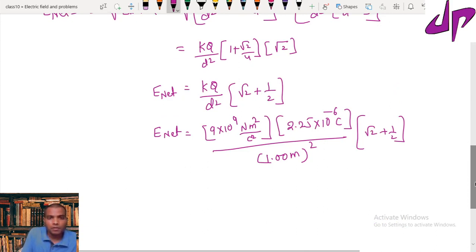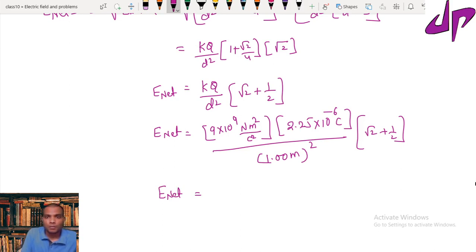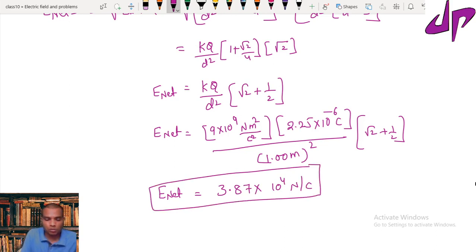By simplifying this expression, you will end up with the result 8.37 times 10 power 4 newton per coulomb. So this is the magnitude of the electric field.